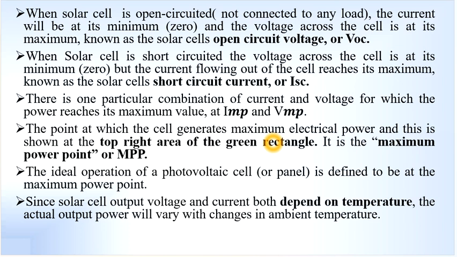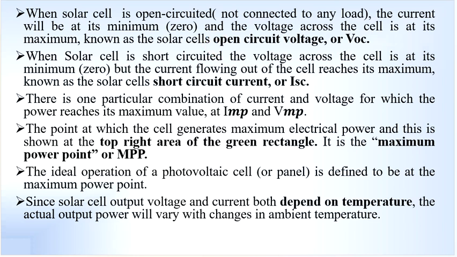So as I said, when a solar cell is open circuited, not connected to any load, the current will be at its minimum, because there is no current in open circuit, and the voltage across the cell is at its maximum, known as the solar cell's open circuit voltage.